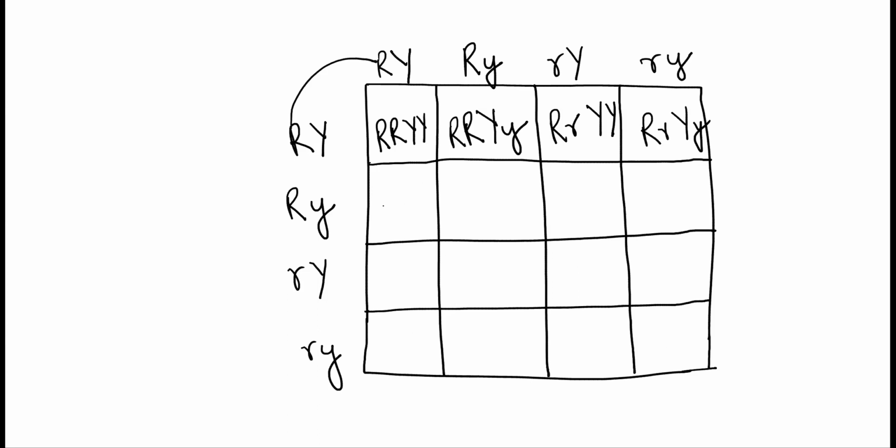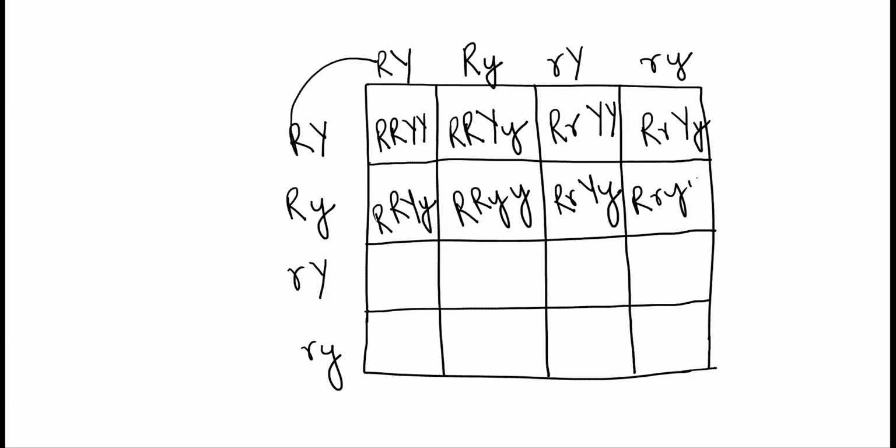Here, what will you get? Capital R, capital R, capital Y, small y. Then capital R, capital R, small y, small y. Then capital R, small r, capital Y, small y. Then capital R, small r, small y, small y. Got it? Yes, sir. Then capital R, small r, capital Y, capital Y. Then capital R, small r, capital Y, small y.